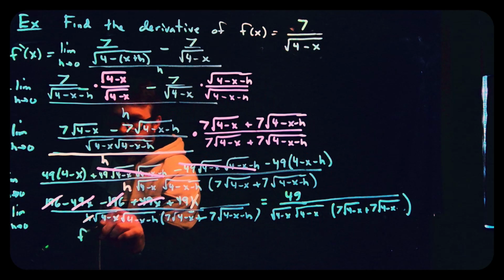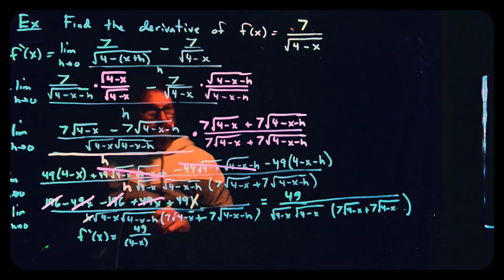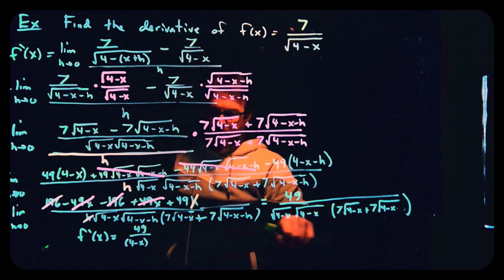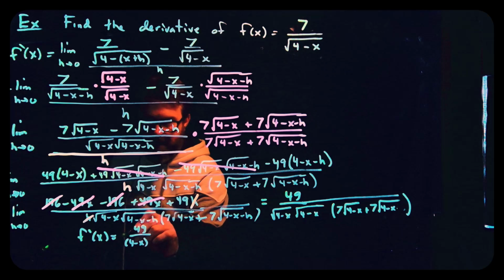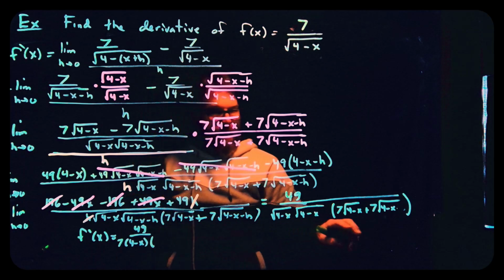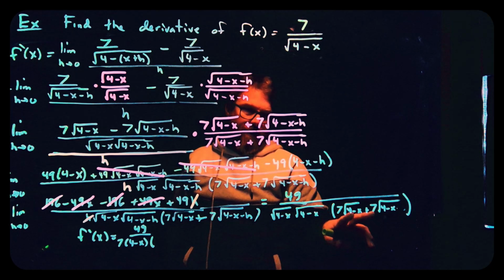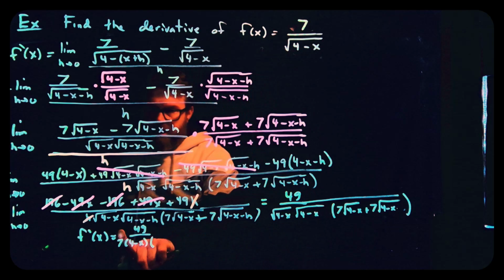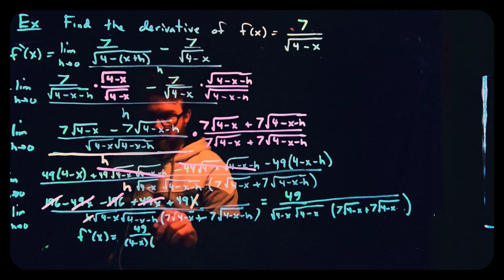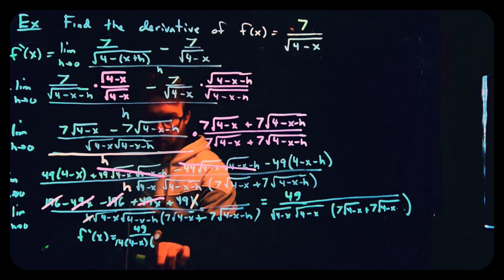So f prime of x is going to be equal to 49 over 4 minus x, and I can also factor a 7 out of that binomial. Actually, instead of doing that, it's going to be 14 of those root 4 minus x's.